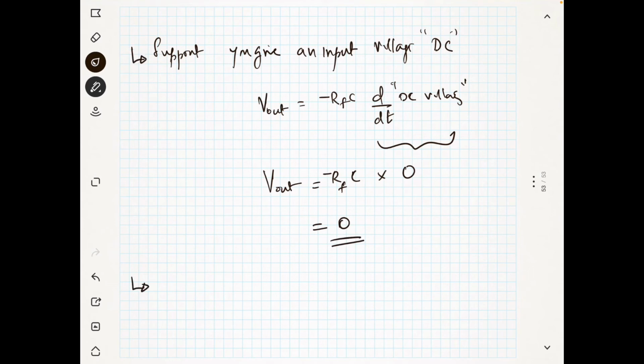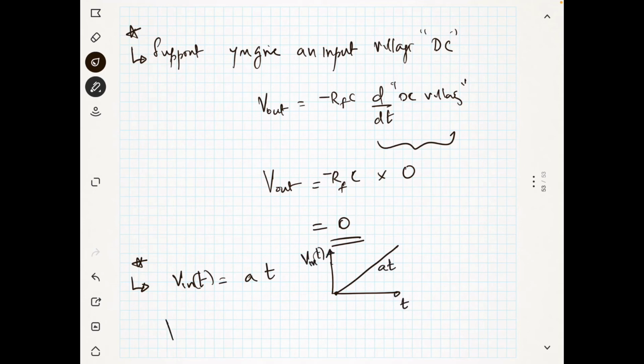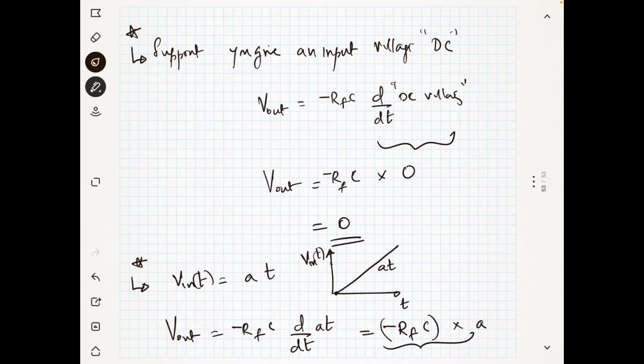So this is one example. Now another, if you give your V in of t as some voltage A into t, that means you are giving a ramp voltage like this. Then this is t and this is A into t. Okay, this is your V in of t. Now your V out of t is equal to minus of RF into C into d by dt of A t. So this is nothing but minus of RF into C, this is a constant, multiplied with A. So this becomes a DC, right?